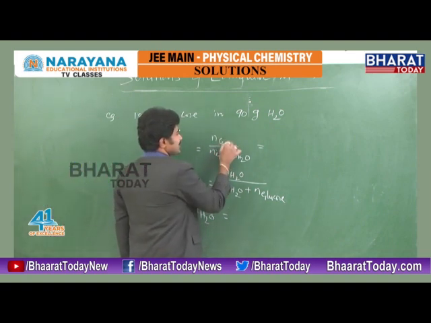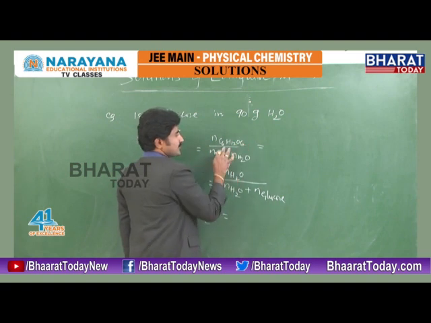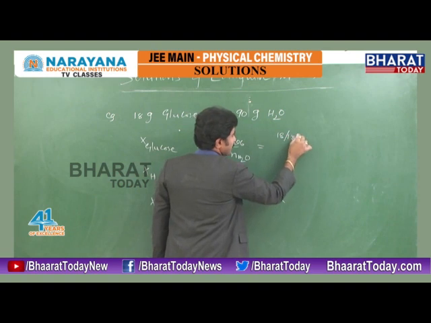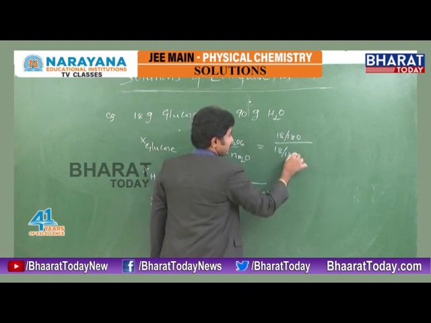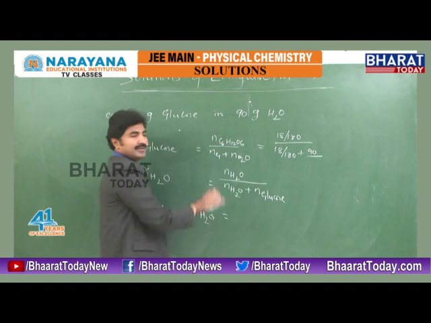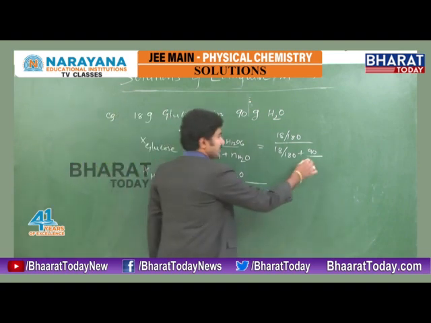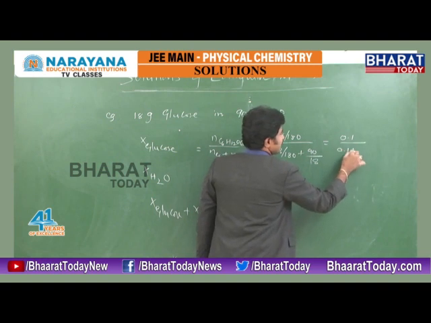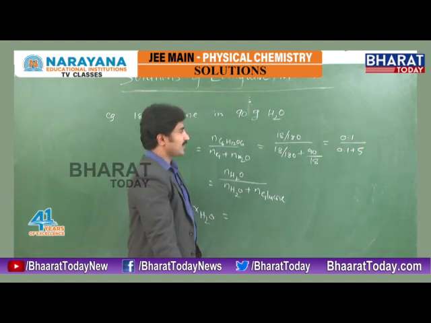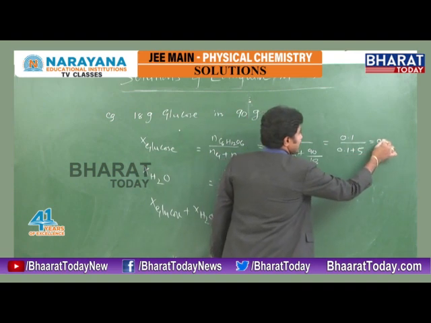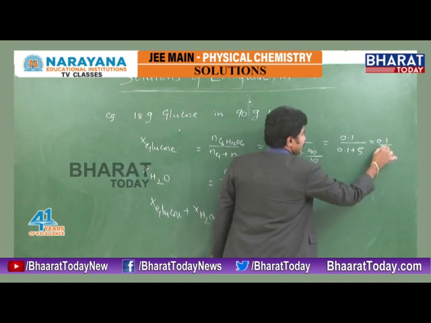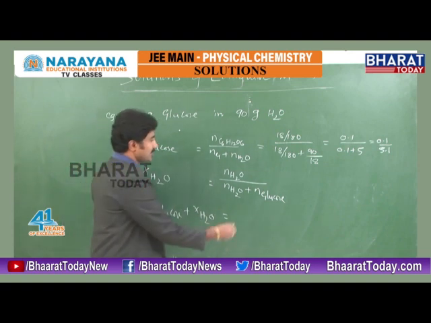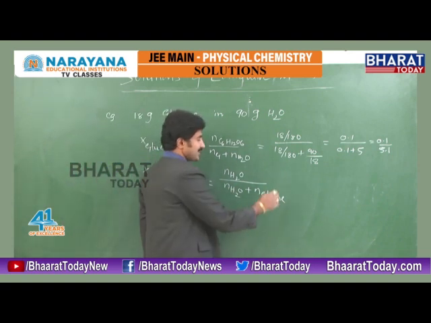Glucose gram formula is C6H12O6. So based on this, we can calculate: it is 18 by 180, divided by 18 by 180 plus 90 by, what is water's molecular weight? 18. If you simplify, this is 0.1 by 0.1 plus 5. So we can write this is equal to 0.1 by 5.1. Similarly, the mole fraction of water is N H2O by N H2O plus N glucose.